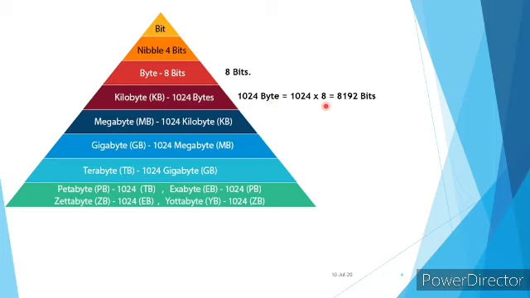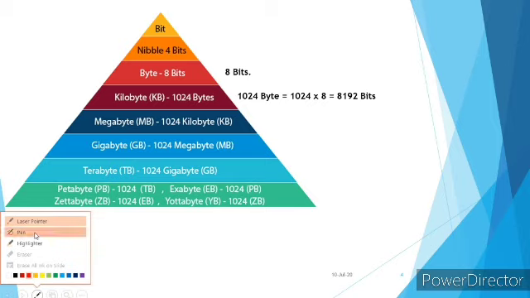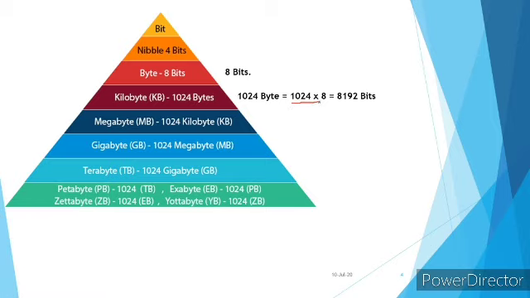So 1 byte means 8 bits, right? Now if you multiply 1024 by 8, since we are talking about bytes and 1 byte is 8 bits, we get 8192 bits.